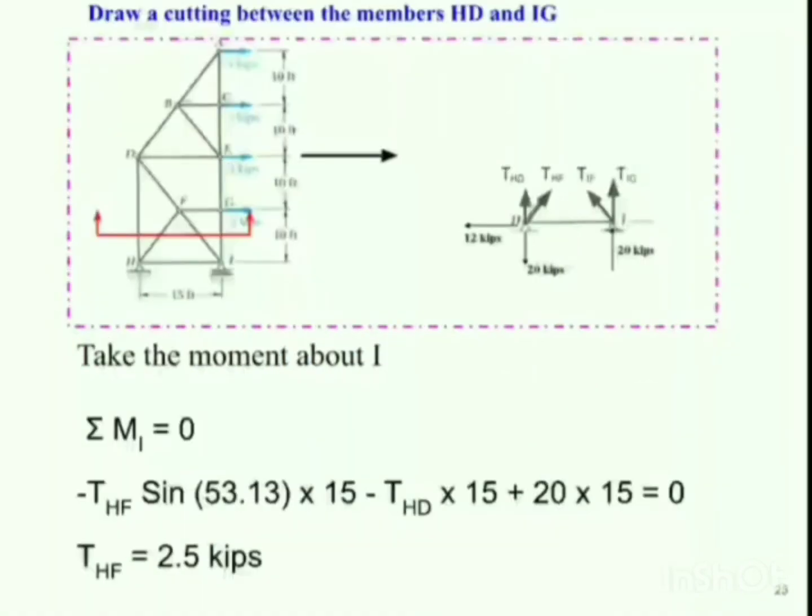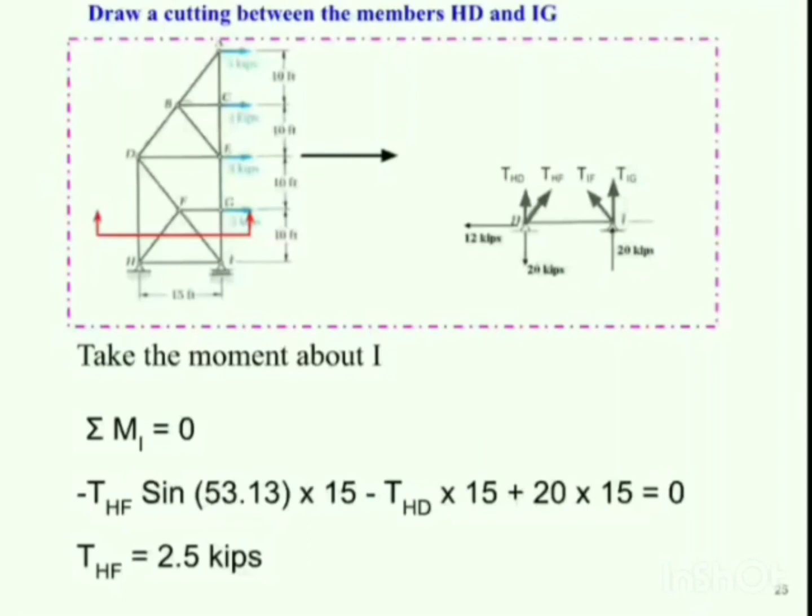For finding out the unknown member force HF, we are drawing a cutting section between the members HD and IG, and considering the bottom portion below the section line, we have drawn the free body diagram, and we can observe that TIF, TIG are passing through point I, and we are required to calculate the unknown member force THF.